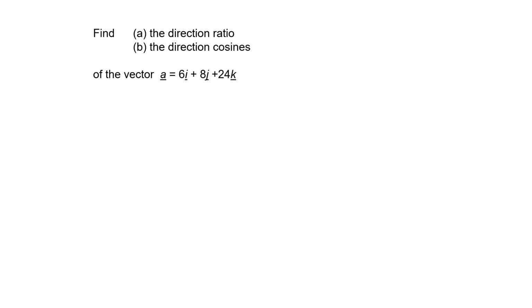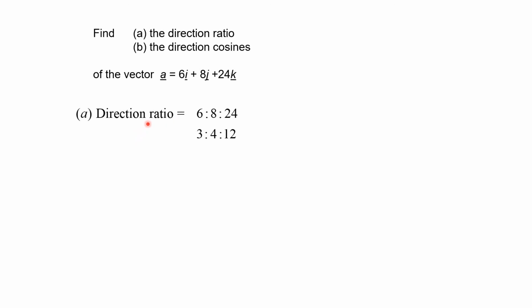So for example, if you need to find the direction ratio and the direction cosines of the vector A being 6i plus 8j plus 24k, the direction ratio simply refers to the magnitude of each component of i, j, and k, which is respectively 6 for x, 8 for y, and 24 for z.